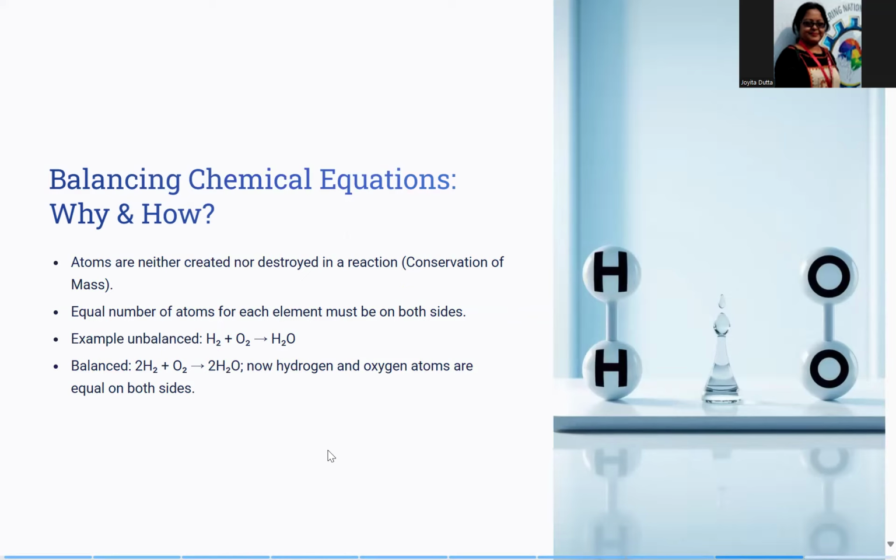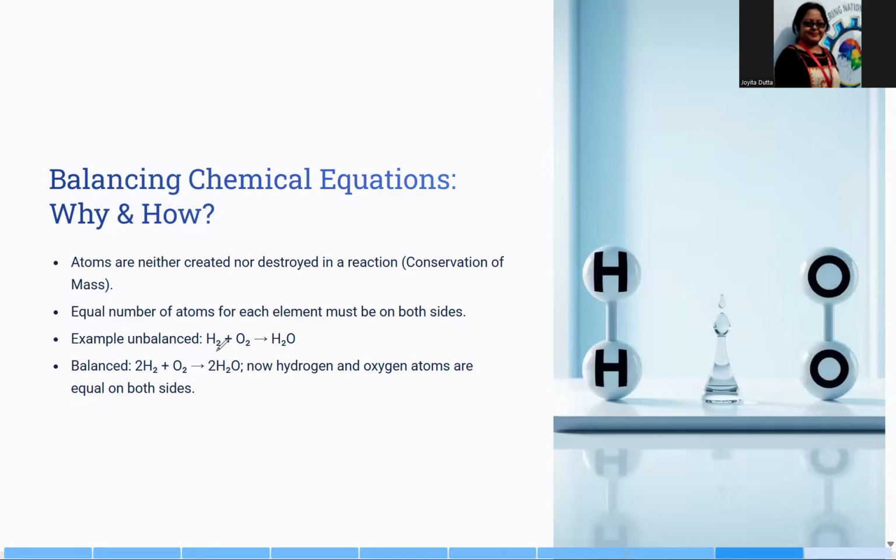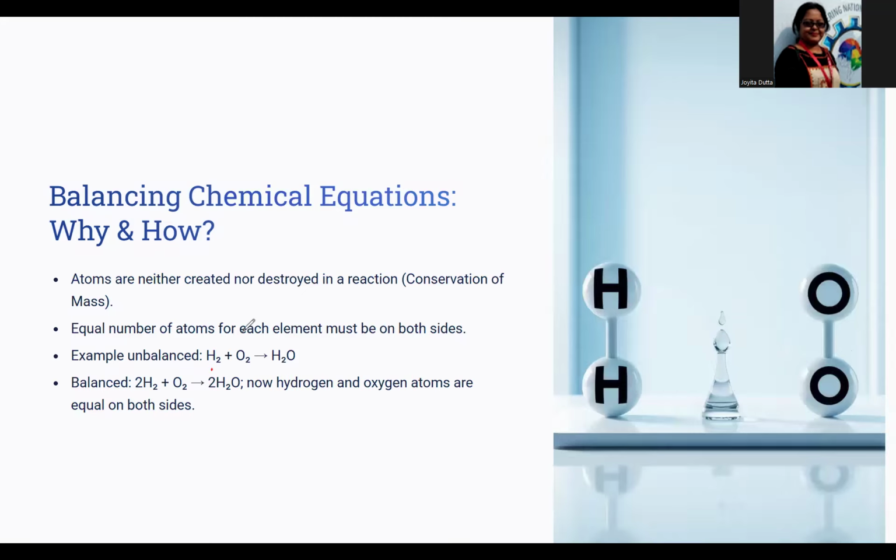I have an equation here. It gives me hydrogen plus oxygen gives me water. So here hydrogen is 2 in number, oxygen is 2 in number. But here, hydrogen is 2 in number, whereas oxygen is 1 in number.